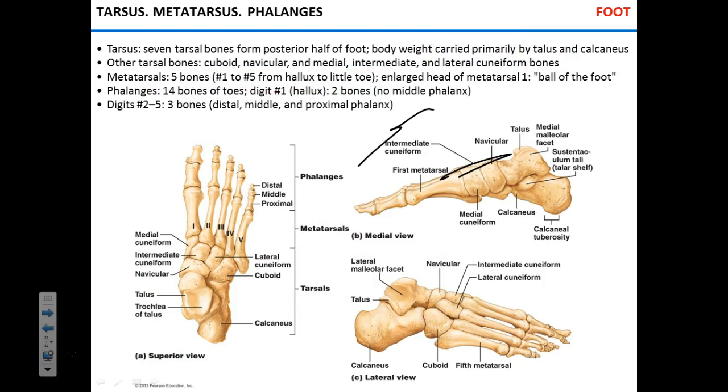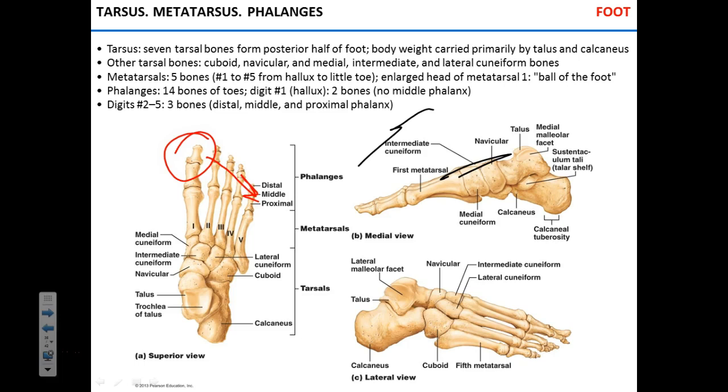I'm going to talk about these guys and we're going to wrap it up. Phalanges, all the same. The number from the big toe to the pinky. 1, 2, 3, 4, 5. 14 phalanges.